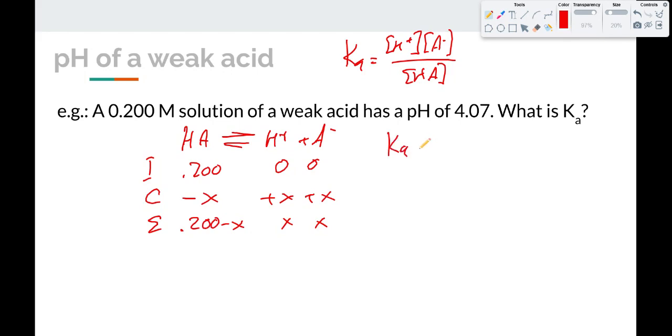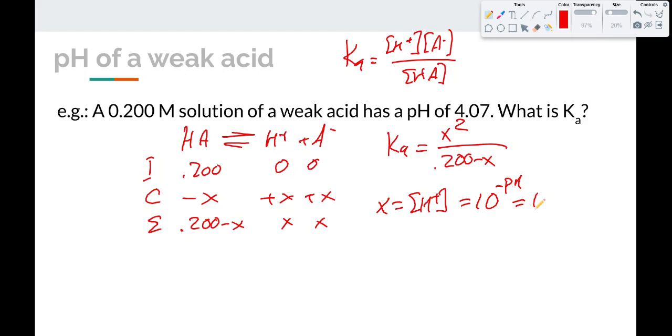Ka is going to be X squared over 0.200 minus X. Now, if we knew what X was, we could evaluate Ka. And in fact, we do, because X is the equilibrium concentration of H+, which is going to be equal to 10 to the minus pH, as we saw in the previous video. So in this case, 10 to the negative 4.07, which comes out to 8.5 times 10 to the negative 5.